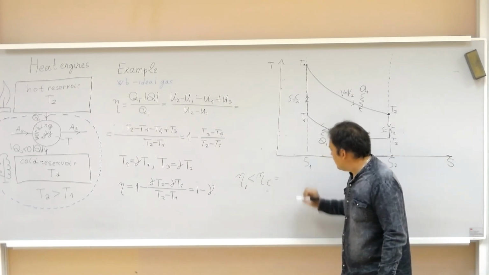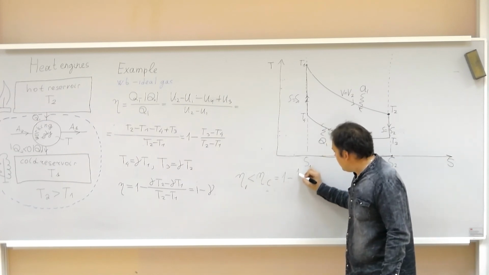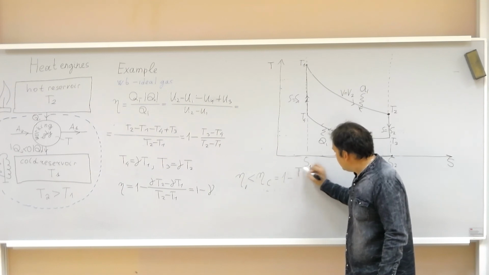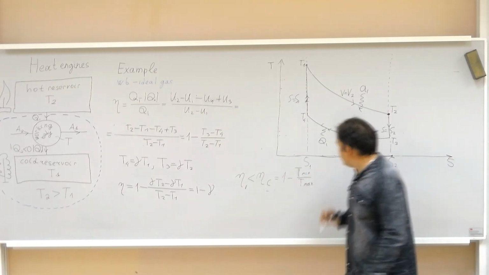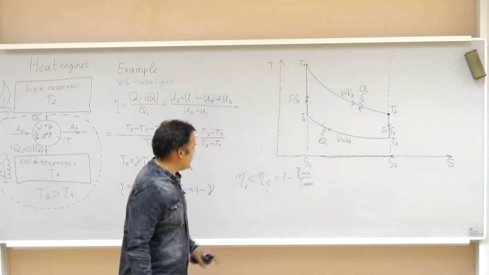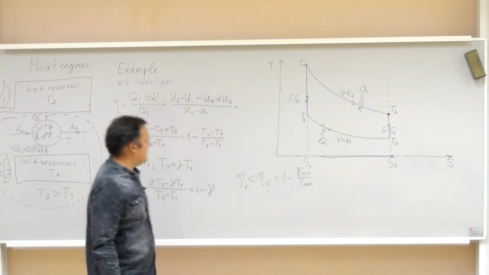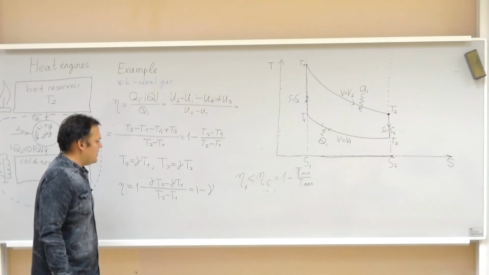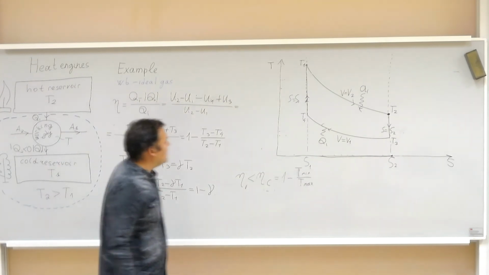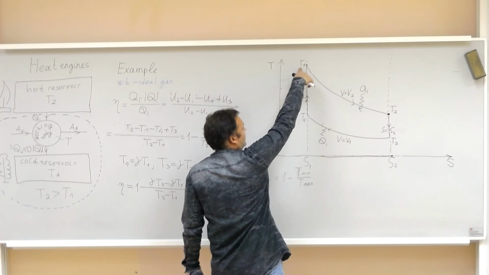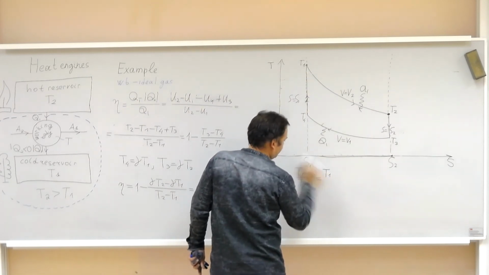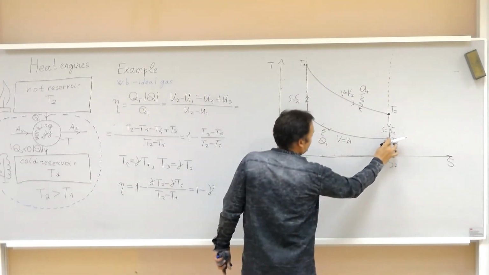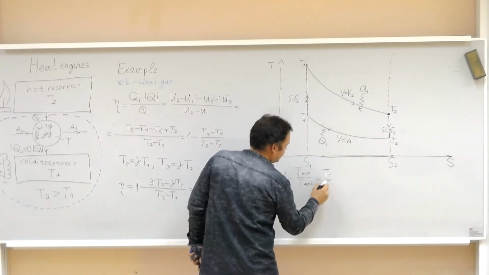Eta Carnot equals 1 minus T minimum divided by T maximum, where T minimum is the minimum temperature of the cycle, and T maximum is the maximum temperature of the cycle. In our cycle, the maximum temperature should be T1, and the lowest temperature is T3.